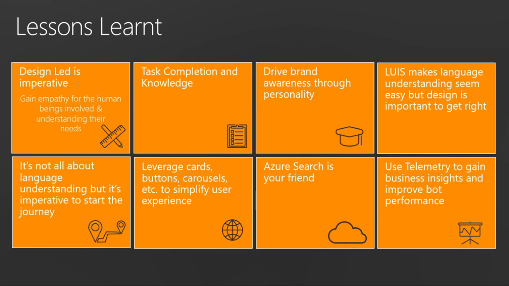If you need more than 80 intents, you probably need to start looking at using something like Azure Search, reduce the number of intents, and leverage Azure Search in order to get knowledge, because you don't want to have to manage a LUIS model with that number of intents. So think about ways to maximize your search and reduce the number of intents you have in LUIS. And then use of telemetry.